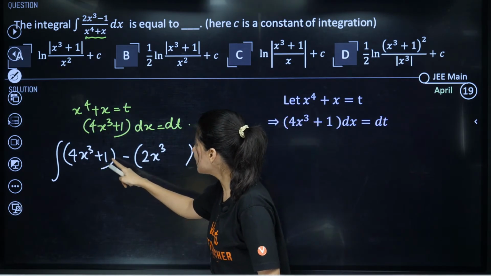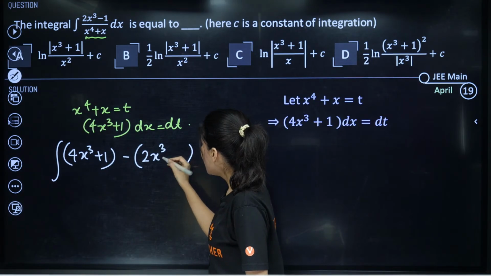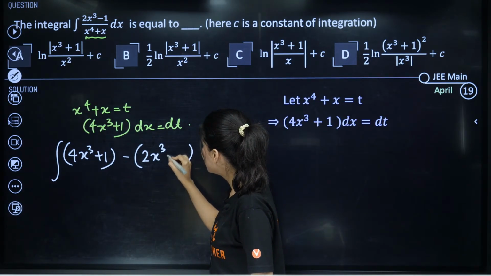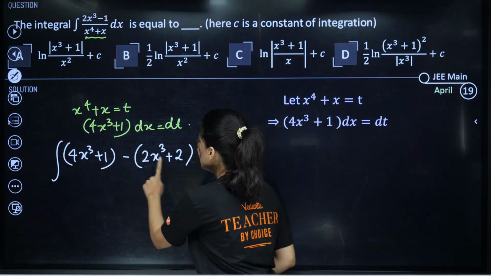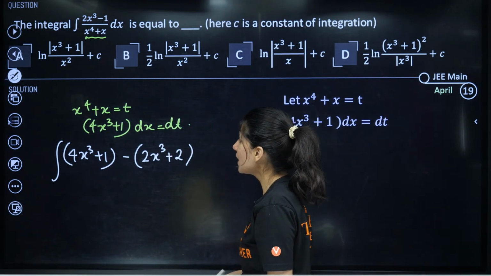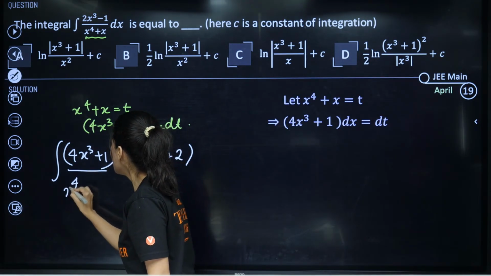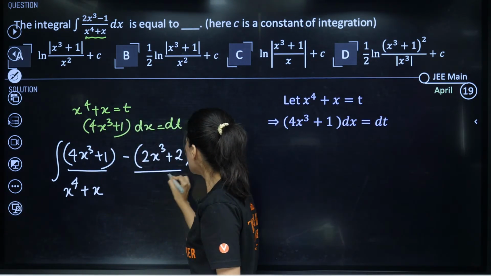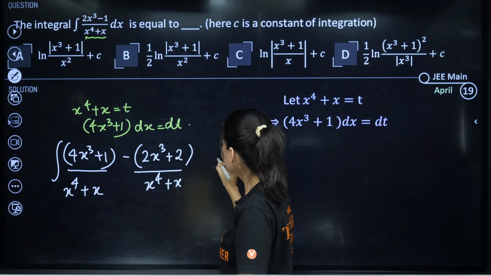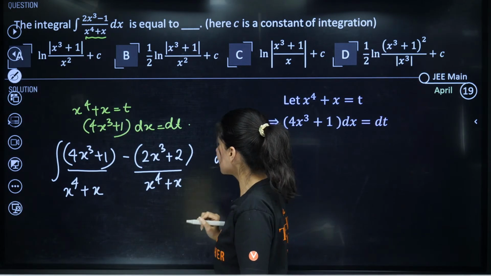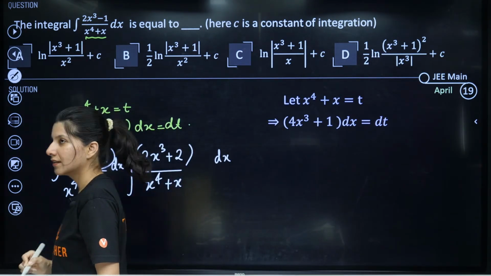Now, plus 1 is already there, so I need to add 2 in it. So that 1 minus 2 will become minus 1. Upon x raised to power 4 plus x, upon x raised to power 4 plus x. This is dx. This is also dx.